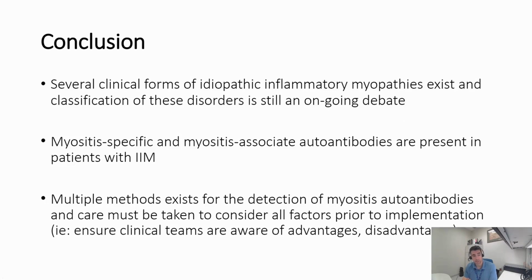So if there's a myositis associated autoantibody with clinical symptoms associated with a different inflammatory disease process, that needs to be investigated as well. And there are multiple methods that exist for the detection of myositis, and care has to be taken that all factors are considered when implementing, to ensure the clinical teams are aware of the advantages and disadvantages.